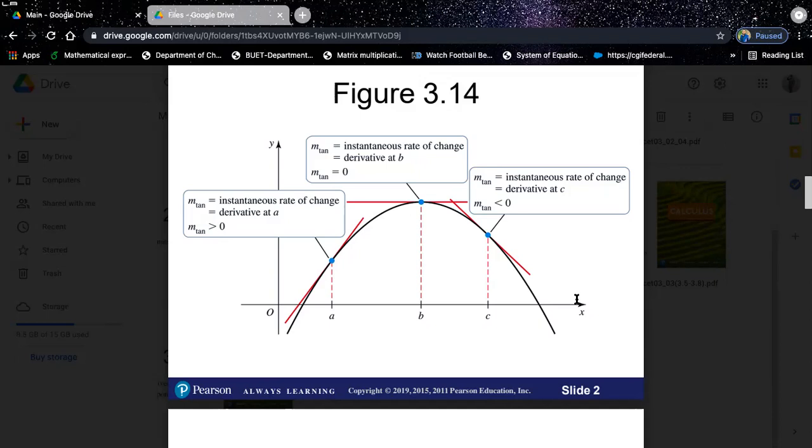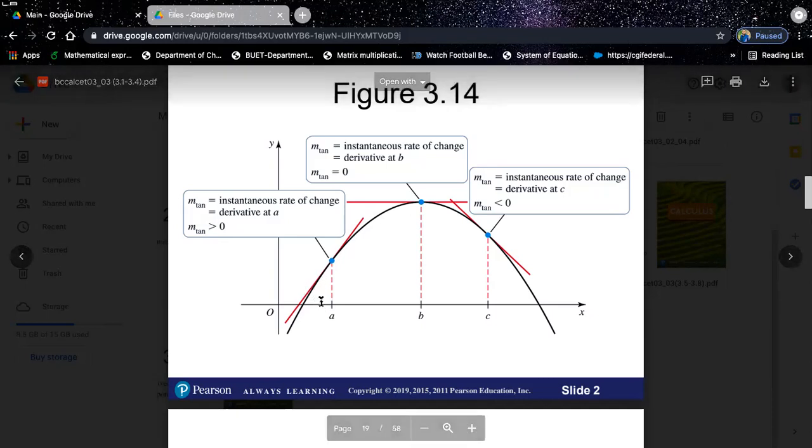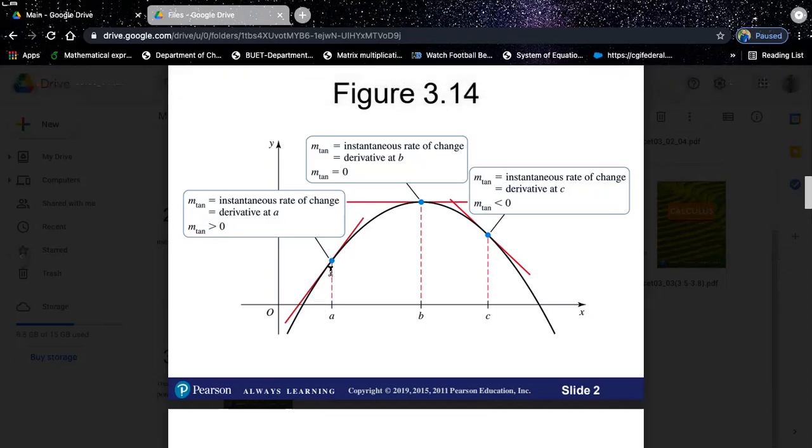Okay, what happens if the angle is less than 90 degrees, like this? If we have drawn a tangent line at the corresponding point for A on the curve, and we extend it and join it with the x-axis, and the angle is less than 90 degrees, then we say the slope of the tangent line at that point is positive, or the derivative at that point is positive.